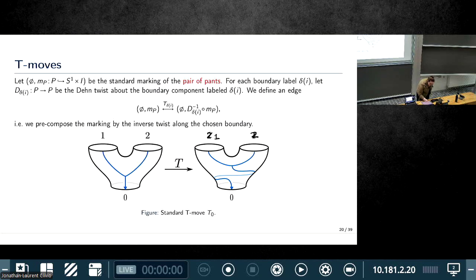Okay, so remember my trees, my graphs, they have a vertex and they have a neighborhood, and then they also have labels on the edges. So here I'm saying that the neighborhood is 0, 1, 2.